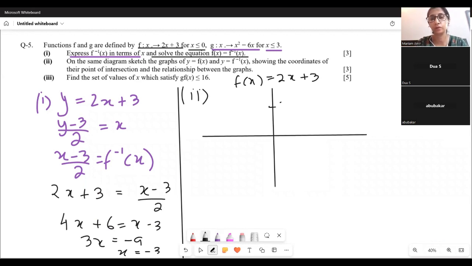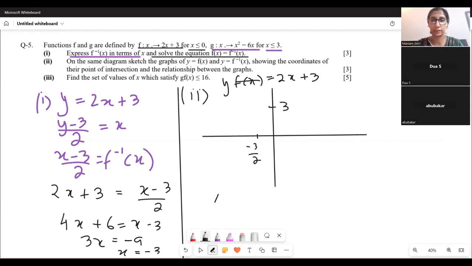The constant value is the y-intercept because when x is 0, then y is 3. और जब y 0 हो जाएगा तो x क्या हो जाएगा? -3/2. Yes, -3/2.